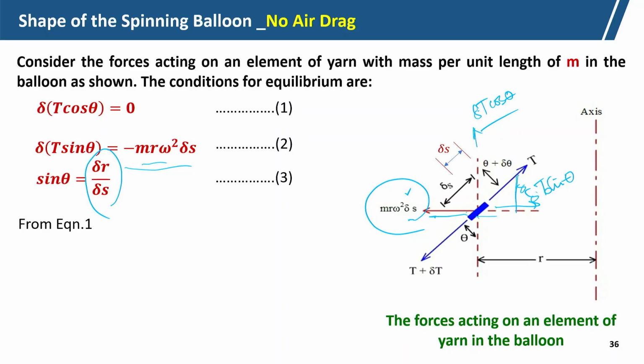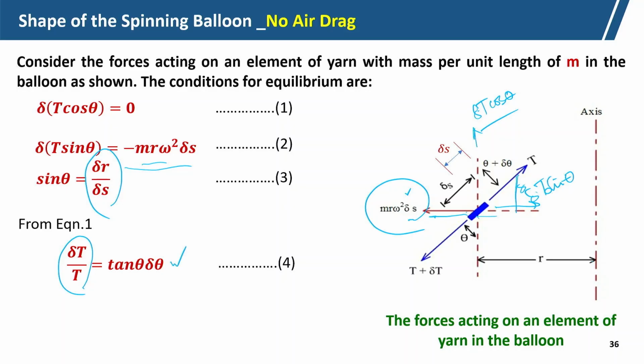So from equation 1 what we get, you can see that from equation 1, delta T by T equal to tan theta delta theta. Okay.